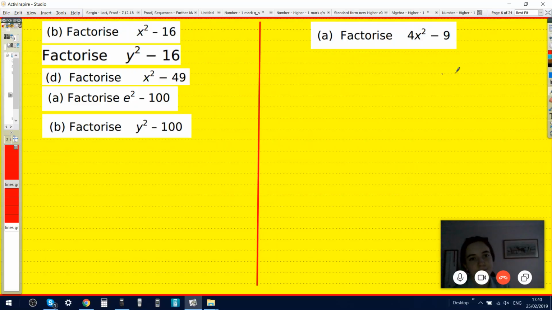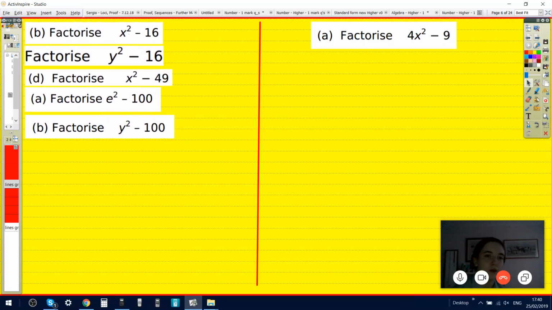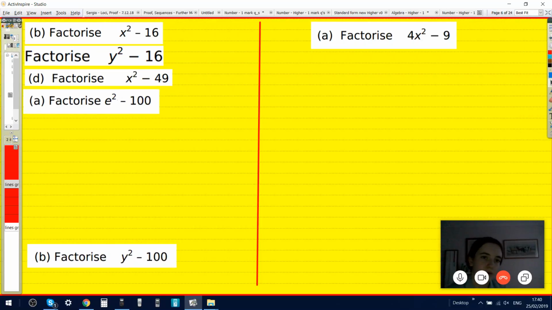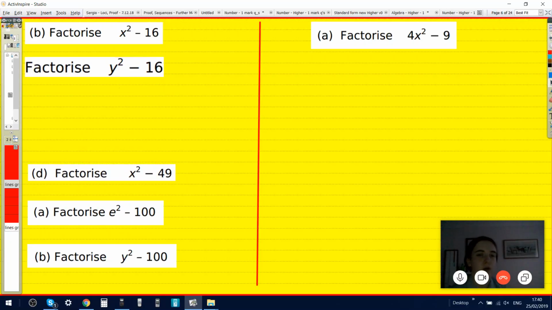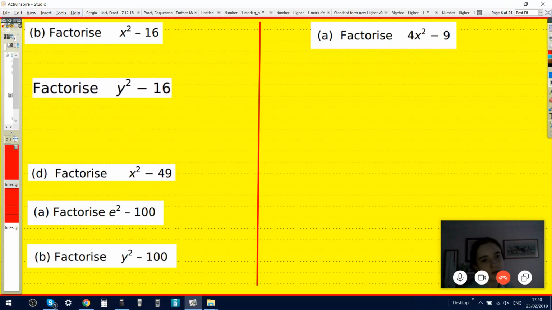Do you know top left? X. Oh, wait. x minus 4 squared.